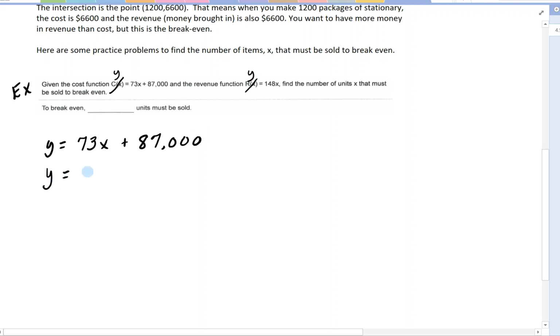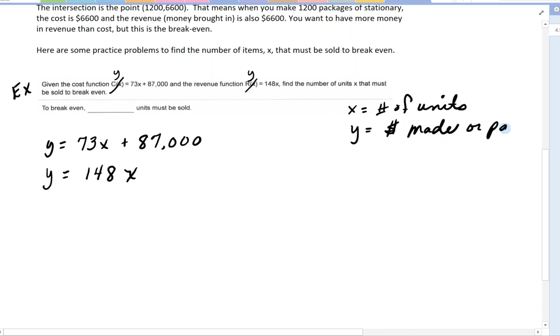Y is equal to 148 times x. X is the number of units and y is the money made or paid, depending if it's revenue you made it and if it is the cost function you paid it.